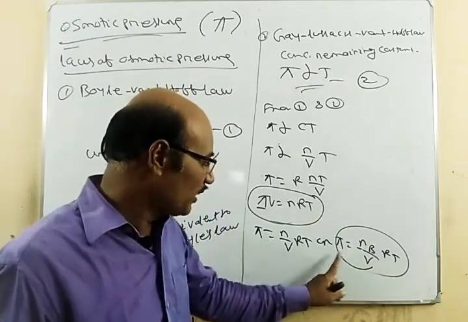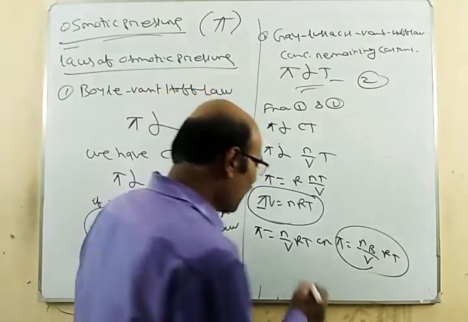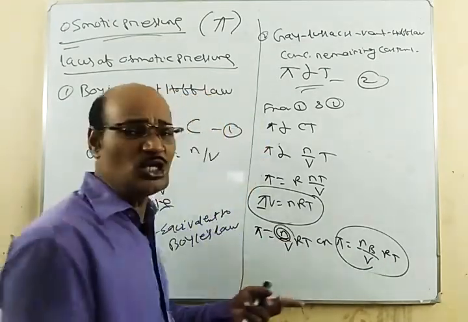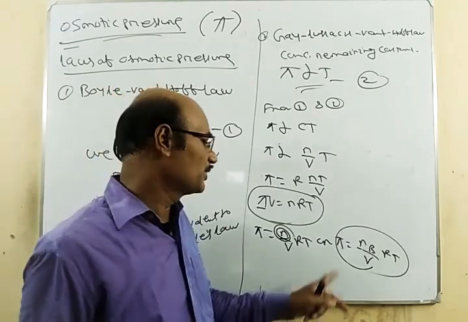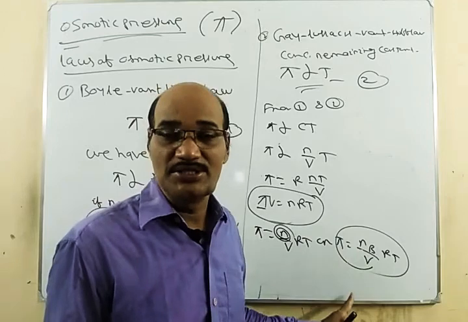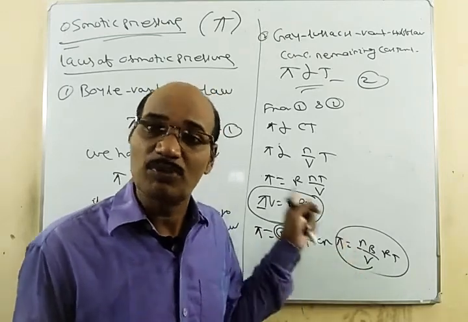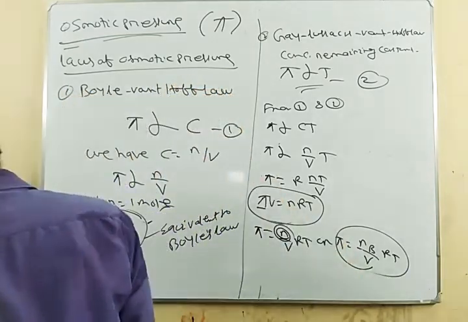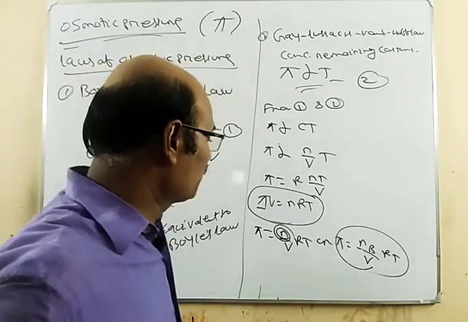It depends upon the number of particles, so pi is a colligative property. And from this we can determine the molecular mass also.